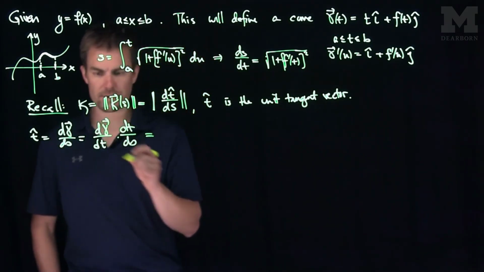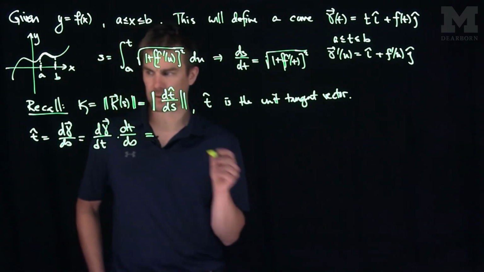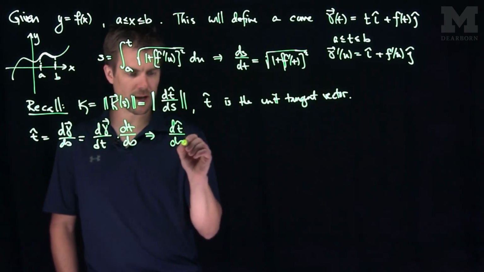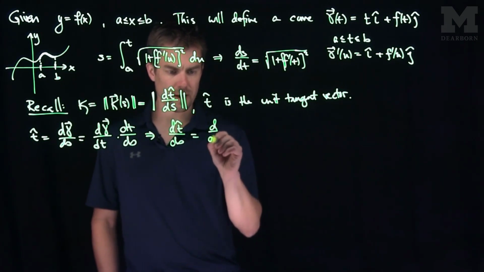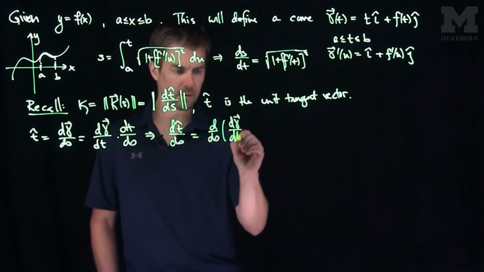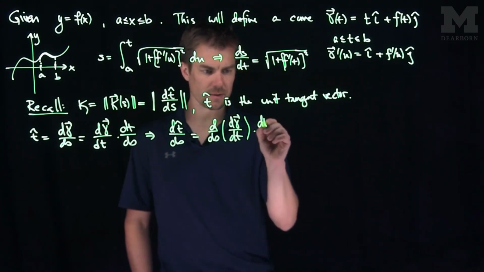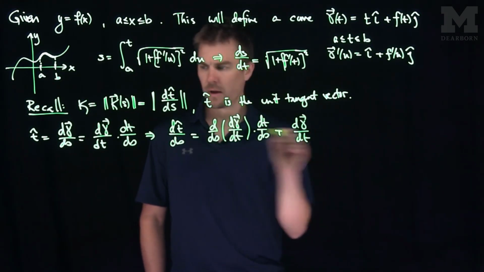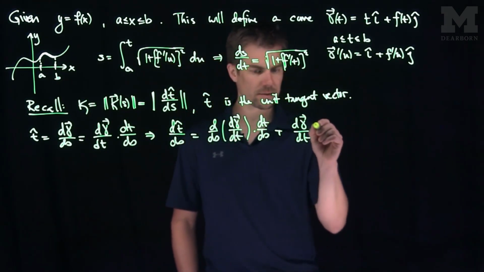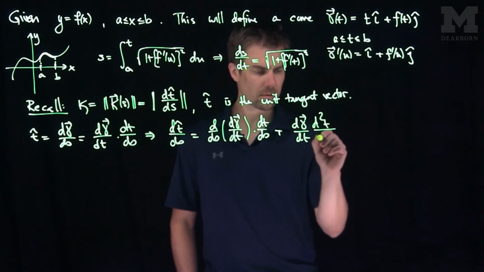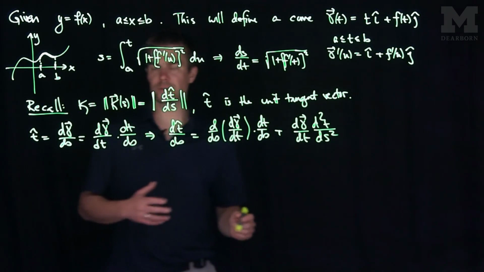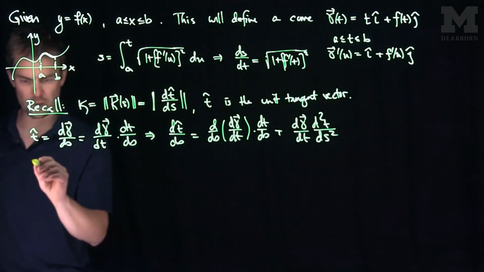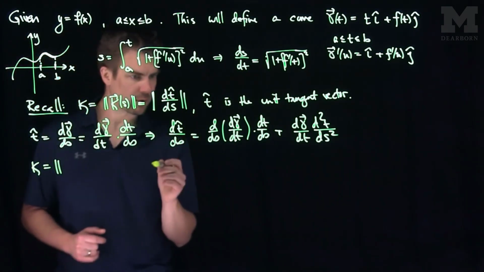So in other words, this tells us that if I do one more derivative, the derivative of T with respect to s will be the derivative with respect to s of d gamma/dt times dt/ds plus d gamma/dt times the second derivative of t with respect to s. And so this tells us that I get a nice formula for the curvature. So the curvature is going to be the length of this vector over here.